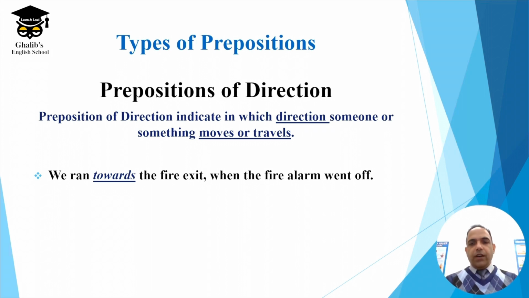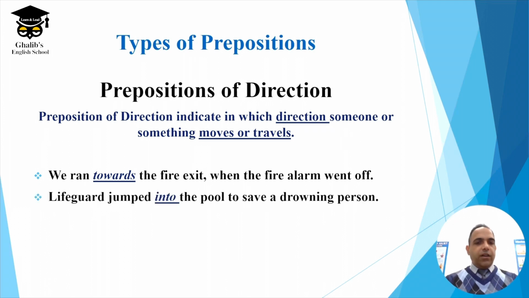As soon as the fire alarm went off, we all rushed towards the fire exit. A lifeguard jumped into the pool to save a drowning person. He jumped into that pool because someone didn't know how to swim. Maybe someone was drowning, that's why.